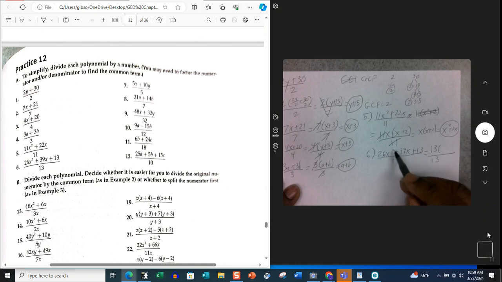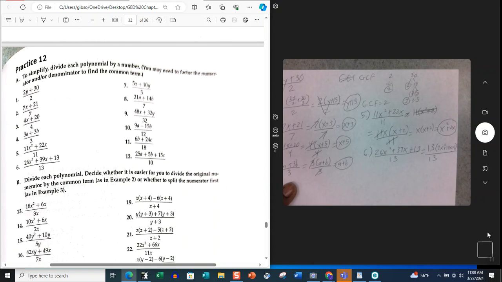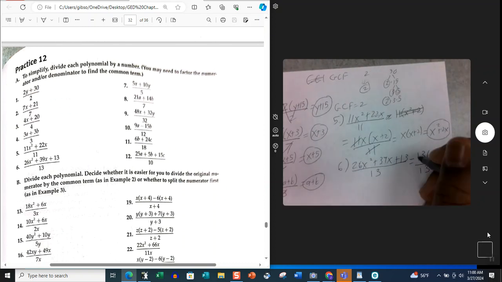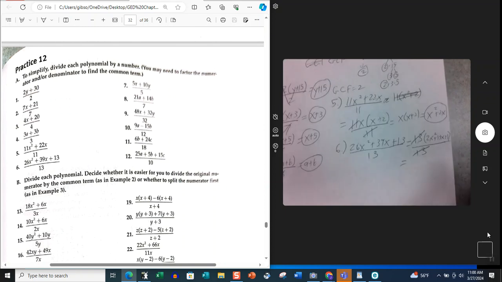Now, 26x squared divided by 13 will leave 2x squared. 39x divided by 13 will leave you a positive 3x. And 13 divided by 13 will leave you positive 1. Okay, now, these 13's will simplify out, and this will give you 2x squared plus 3x plus 1.